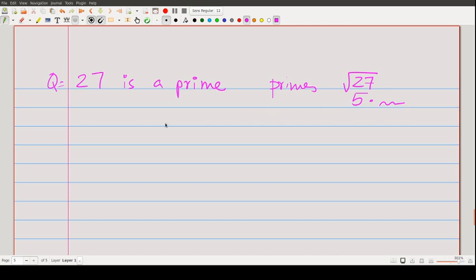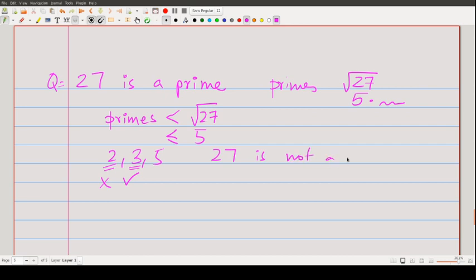So all we need to check is primes less than 5. The primes up to 5 are 2, 3, 5. If we divide by 2, it's not divisible, but if we divide by 3, it is divisible, so 27 is not a prime.